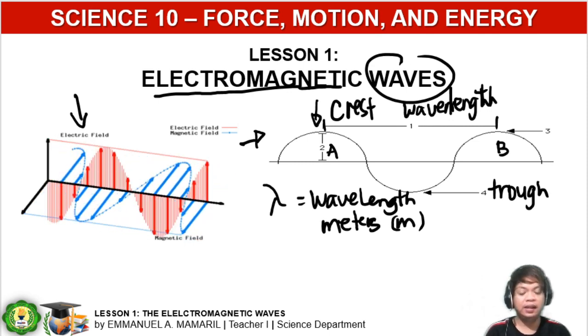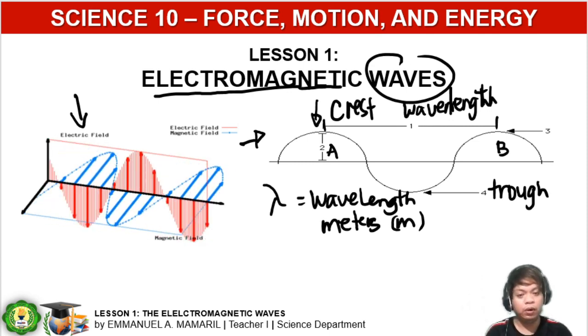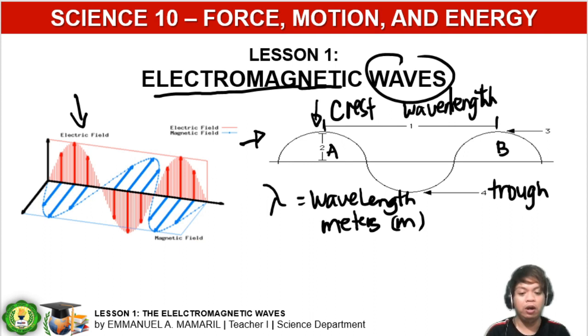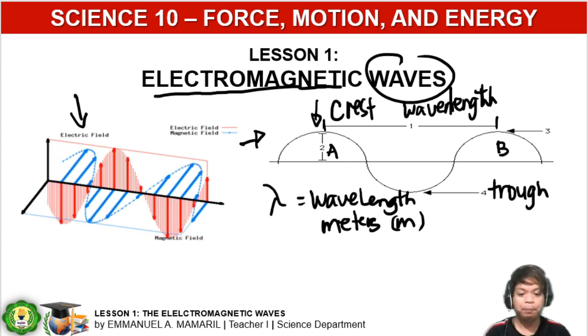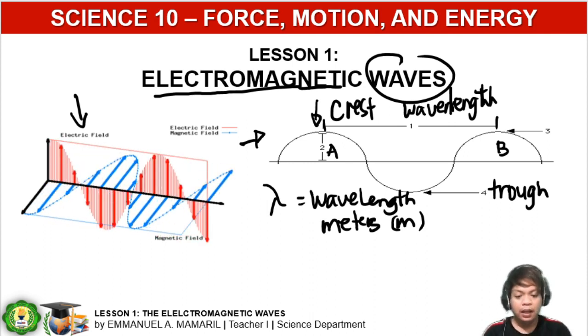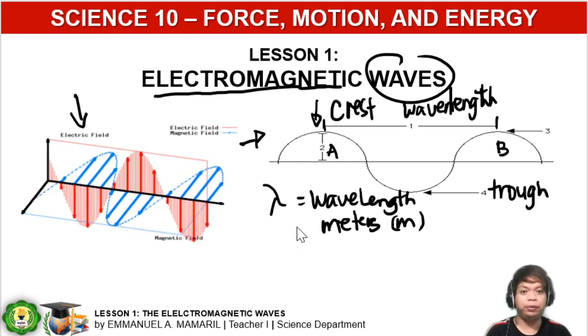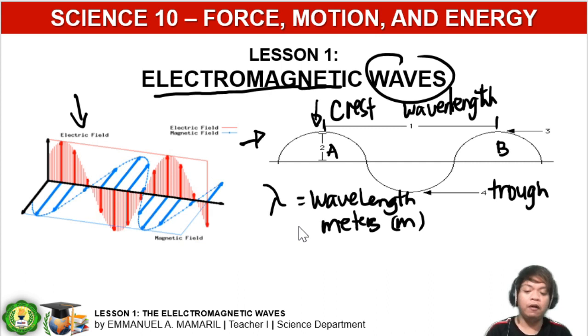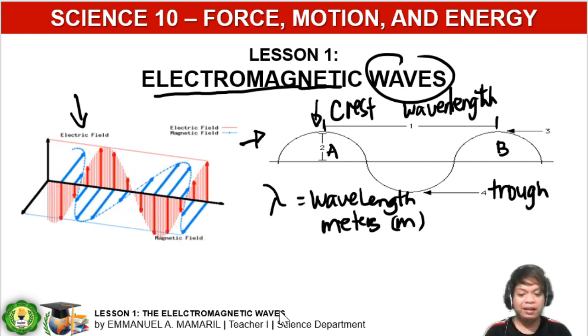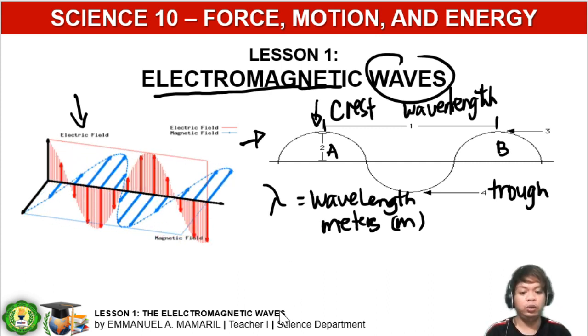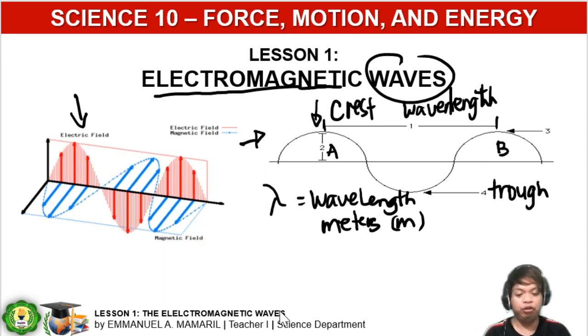So that is the same as the distance between one crest to the next crest. So we call it the wavelength. Those are some of the most important parts of a wave that are very much related to our lesson, which is the properties of electromagnetic waves, no?